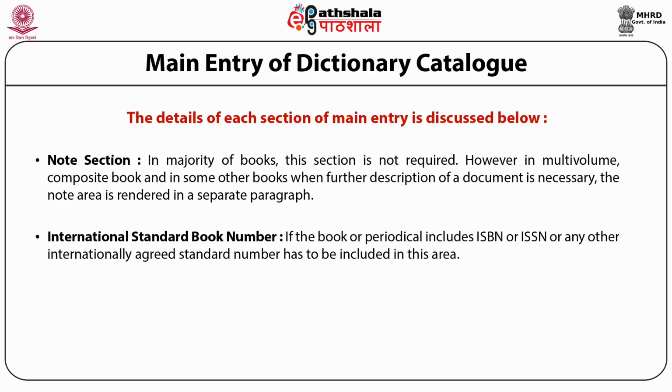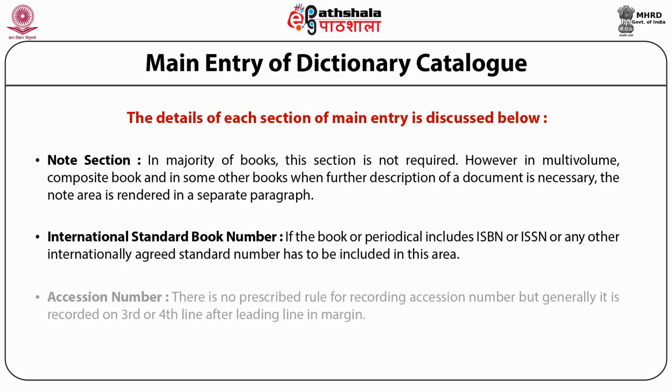If the book or periodical includes ISBN or ISSN or any other internationally agreed standard number, it has to be included in this area using the agreed abbreviation and standard spacing or hyphenation. Seventh section, accession number. There is no prescribed rule for recording accession number, but generally it is recorded on third or fourth line after leading line in margin.